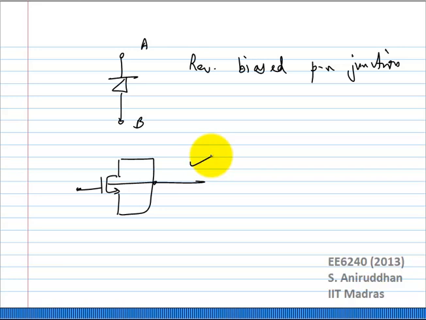Why is it WL Cox? Correct. So you have inverted, and obviously the drain, source, bulk connection is connected to the inversion region. The other node of the capacitor is the gate. So the capacitance between them is WL Cox.